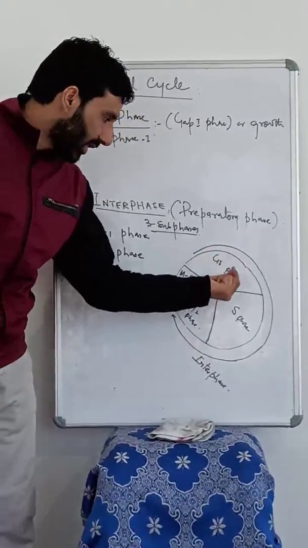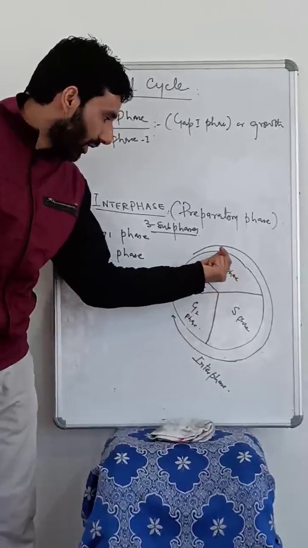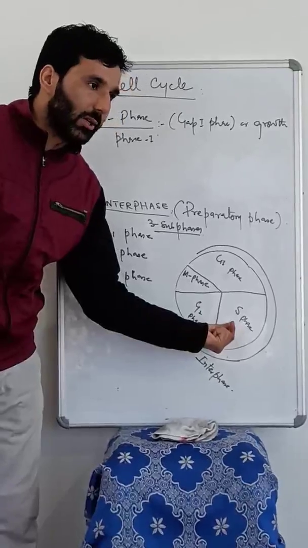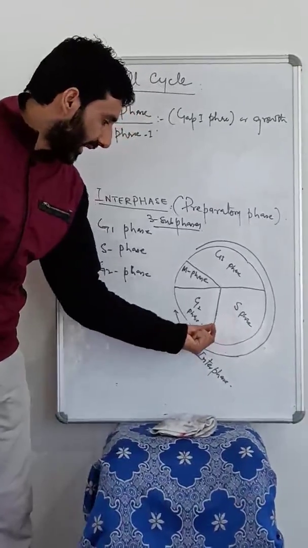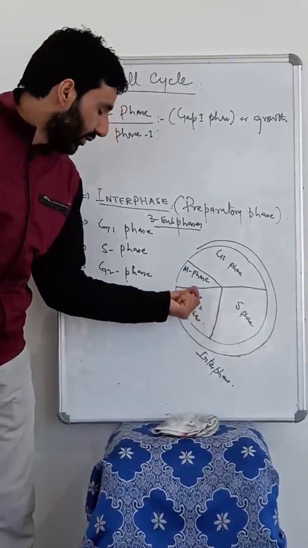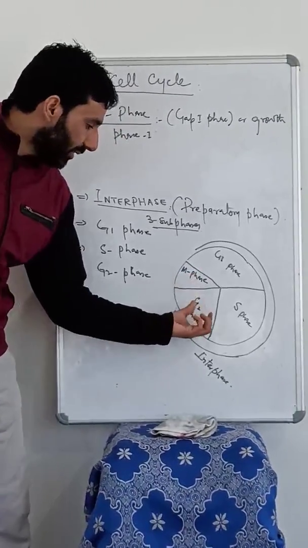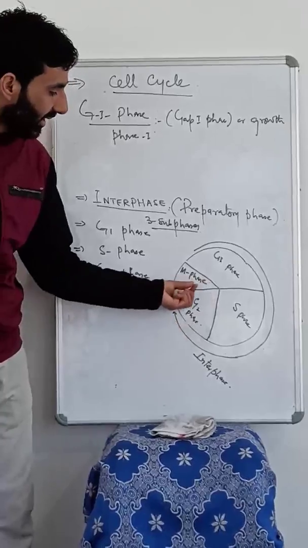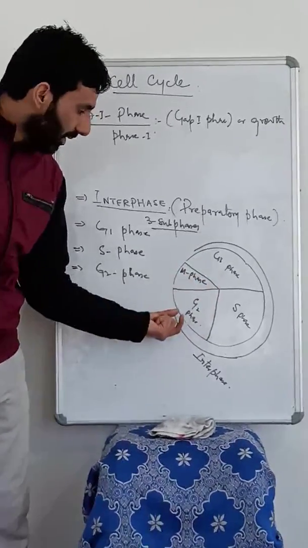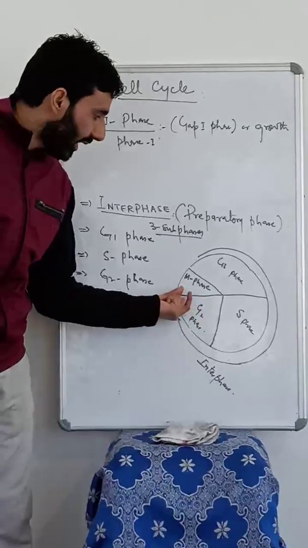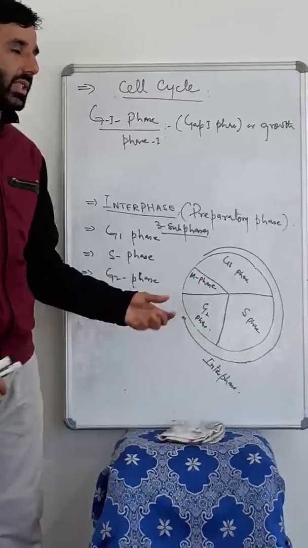That means the G1 phase makes all the availabilities and preparations for the S phase to commence. And likewise, the cell will not enter into M phase unless and until it makes all the availabilities which are required for the M phase, for the cell to divide.